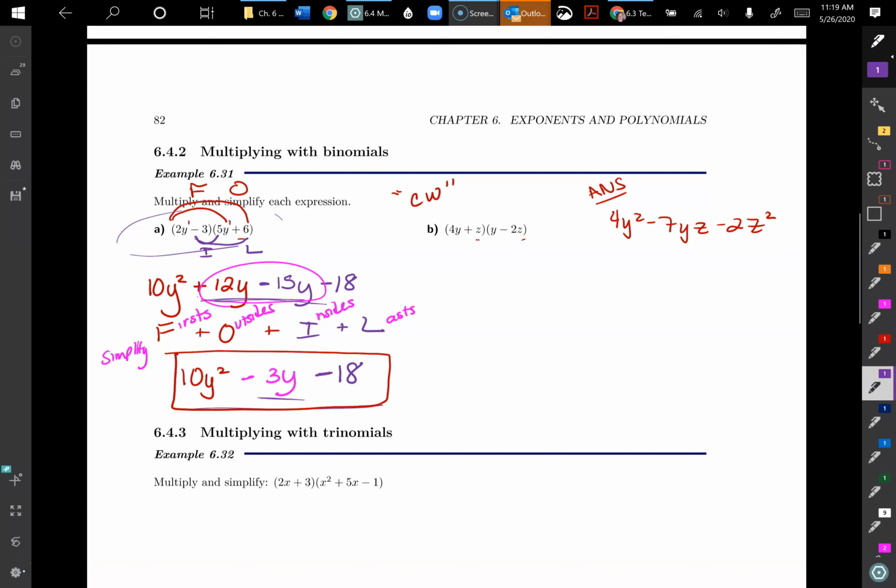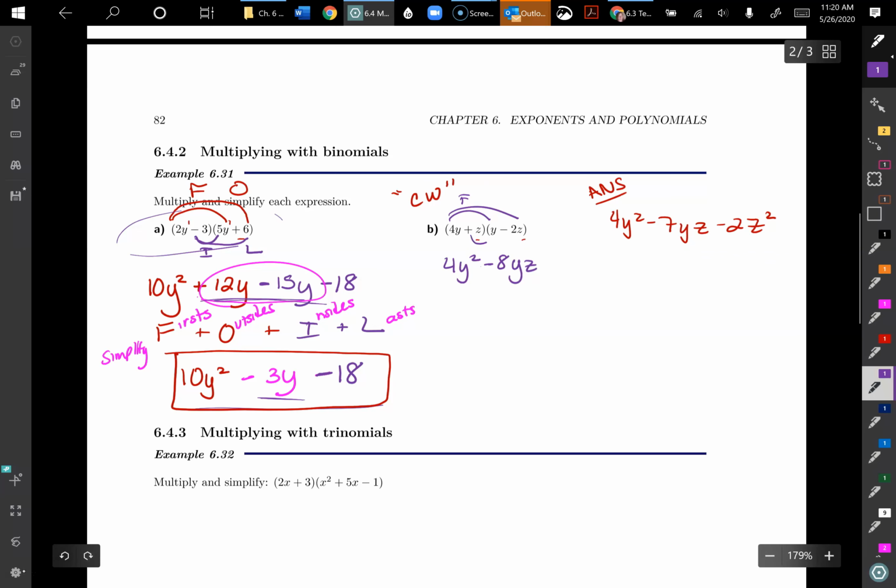Okay, so now I'm going to do my firsts. 4y squared. My outsides are minus 2z times 4y, so that'll be minus 8zy, or actually I'm going to write it as yz to keep in alphabetical order.